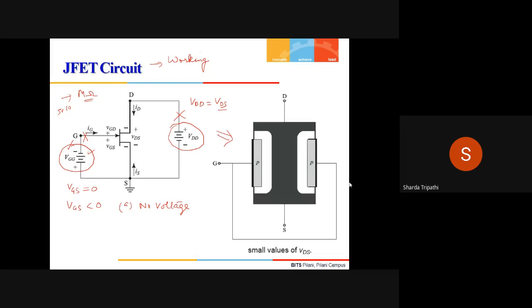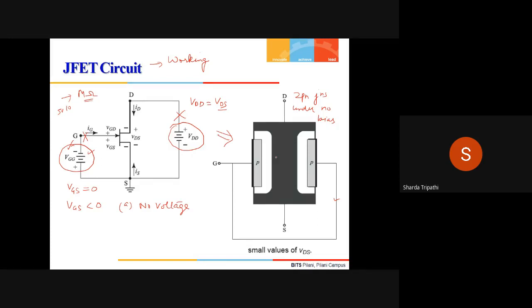The gate is internally shorted, which is shown by this line over here, and since there are no external voltages, we will simply have two PN junctions under no bias condition. Nothing is happening right now. You can say that this is state 0 when nothing is happening, no voltage is applied.